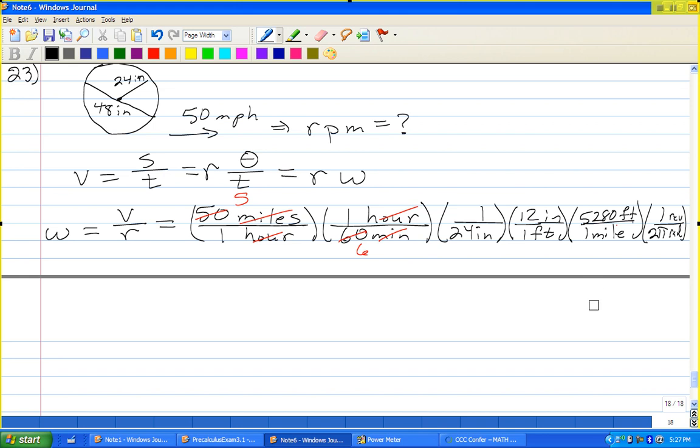Okay, so this is equal to, divide that, so you get 2.